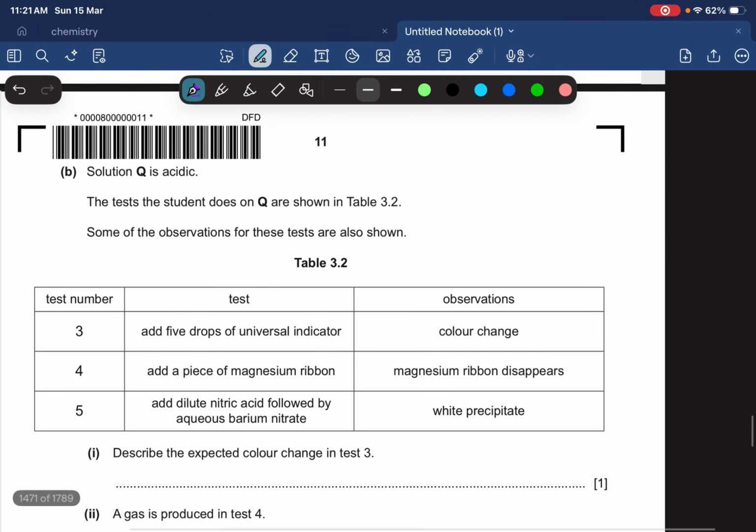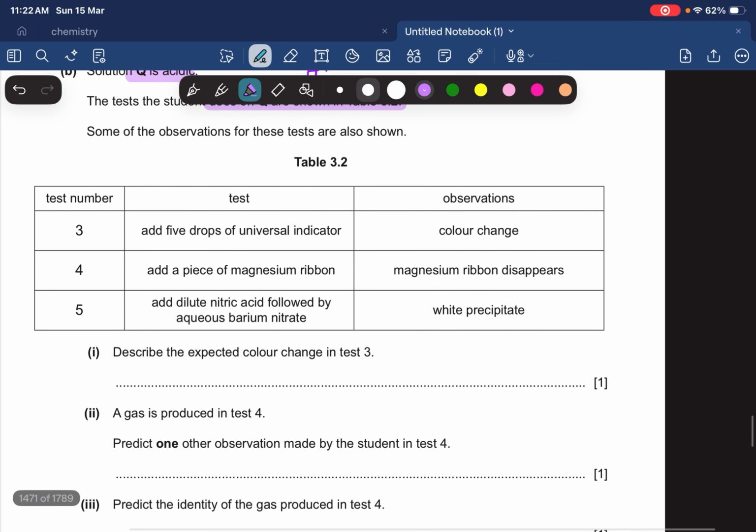Solution Q is acidic, that means it contains H+ ions. The test the student does when Q is shown. Some of the observations of these tests are also shown. Add 5 drops of universal indicator, and then you're going to see a color change.